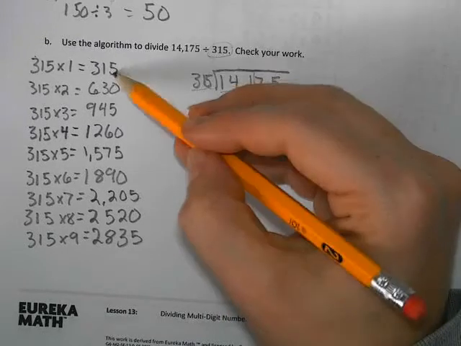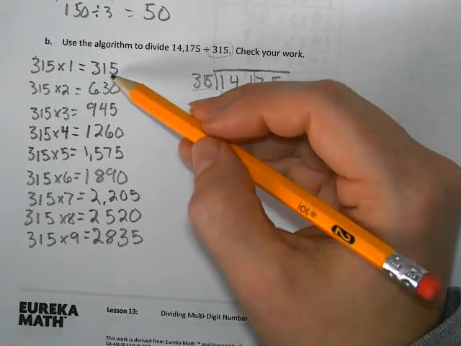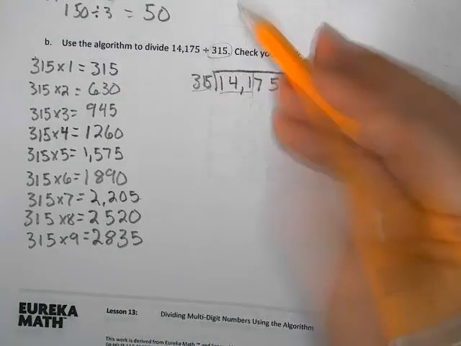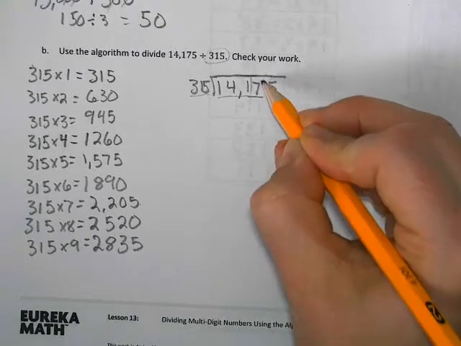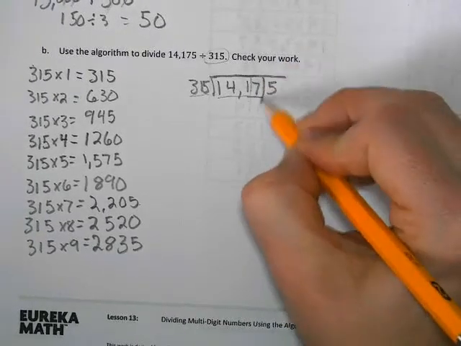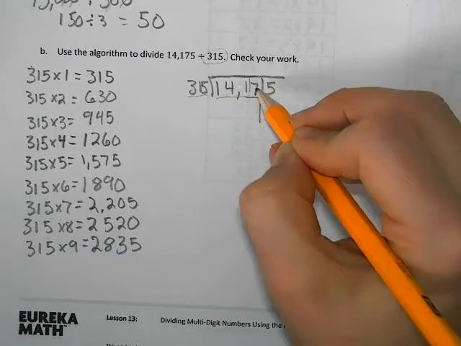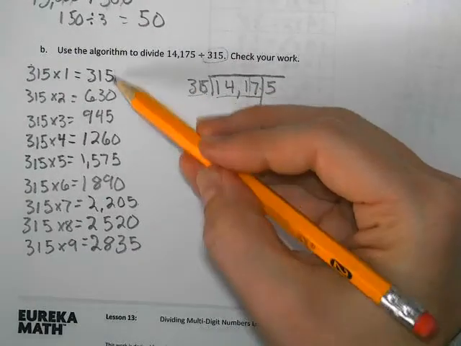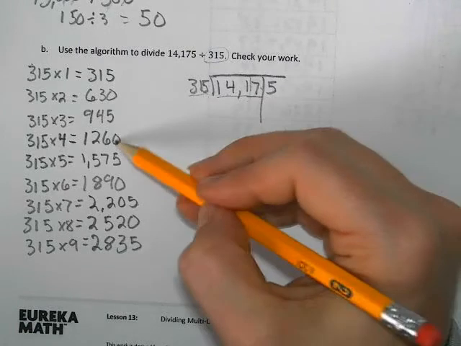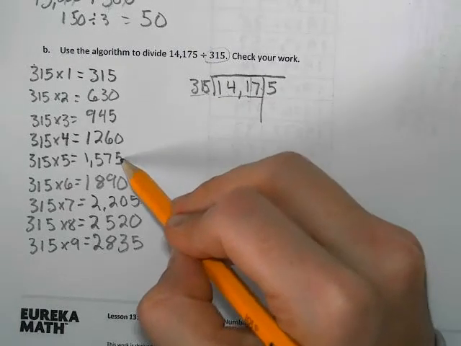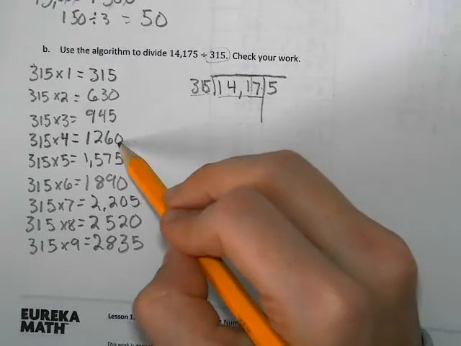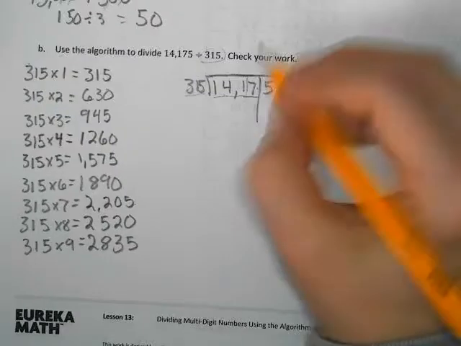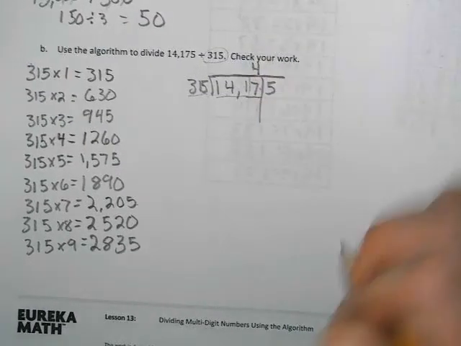I look over here, I don't have anything that's less than 141, so I now have to go all the way over to the tens place. I have a 1,417 tens. So I go over here and I look for something that's close to 1,417. I have a 1,575, which is too much, so I go down, and that would be a 4, so my 4 goes in my tens place.